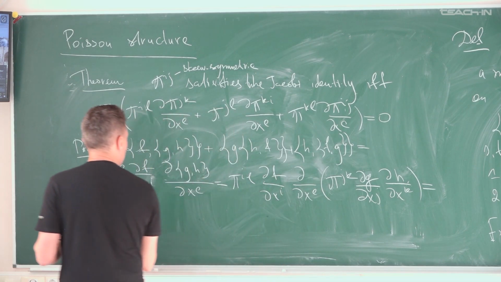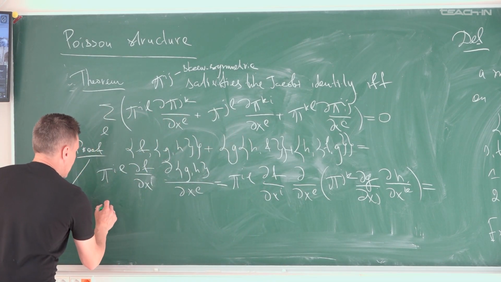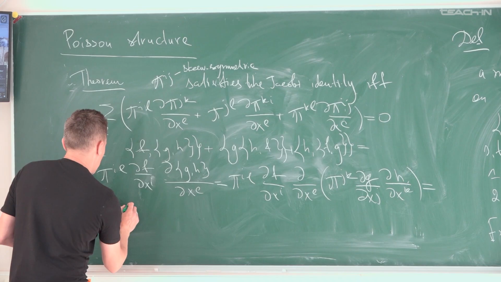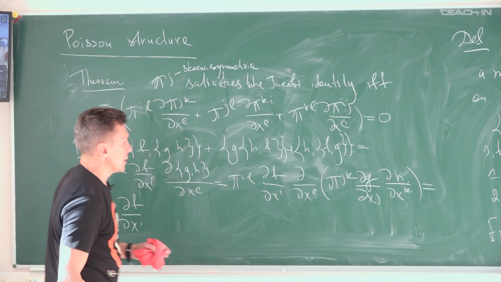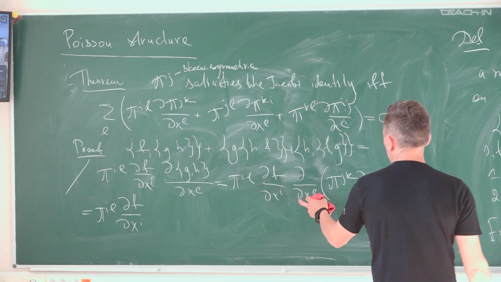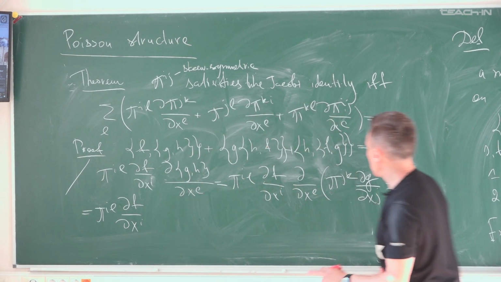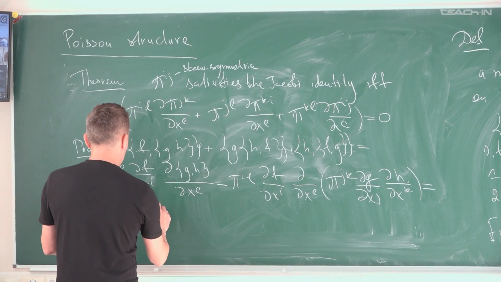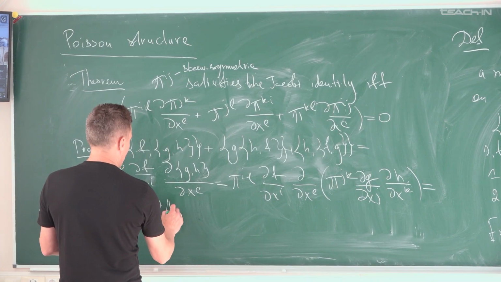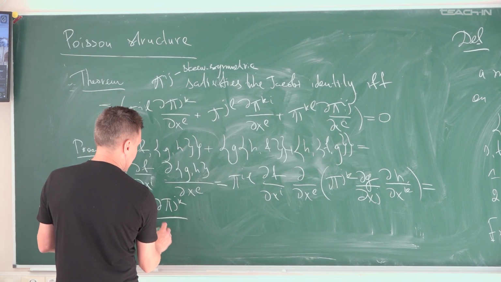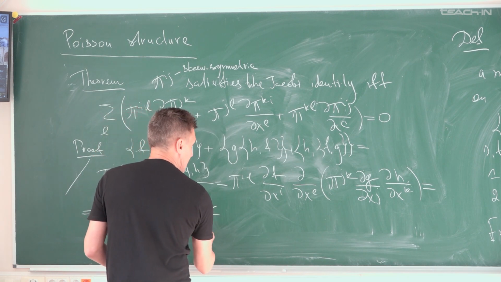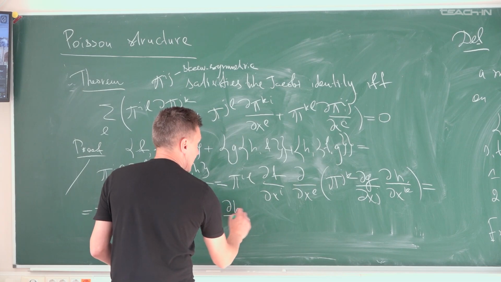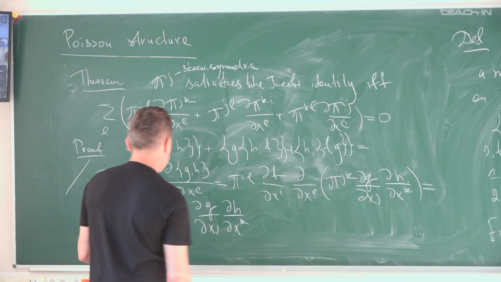And this is the same as ∂f/∂x^i. Here are three derivatives. The first one is ∂π^{jk}/∂x^l ∂g/∂x^j ∂h/∂x^k.